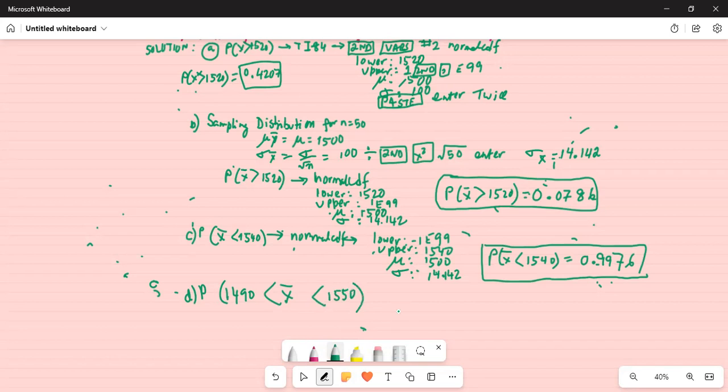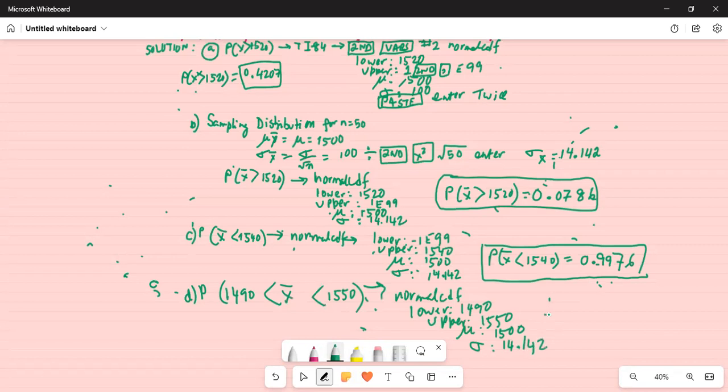So use the same normal CDF function. Now my lower is 1490, my upper is 1550, my mean is 1500, and my sigma is 14.142.